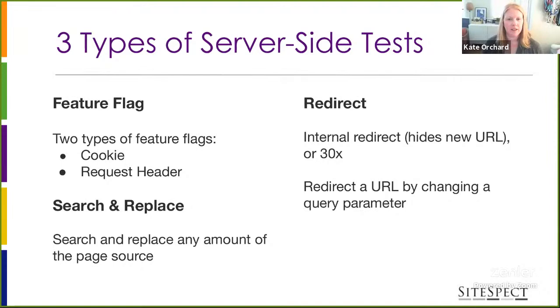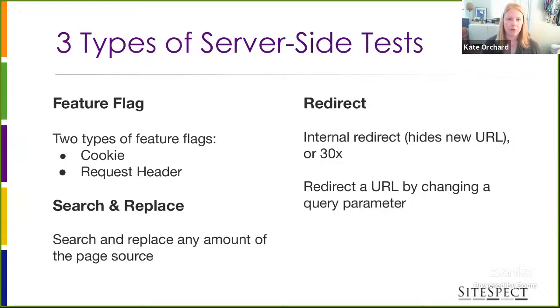Cool. So these are the three main types of server-side changes that you can make, tests that you can run, which I know we alluded to all of these, but we can spell them out here. So the feature flag type of testing, this is done on the request, and this is what Dave was just talking about, where you're literally flagging the origin to return either a slightly different experience, or perhaps it might direct them to a whole different set of code if you're doing a release test or something.